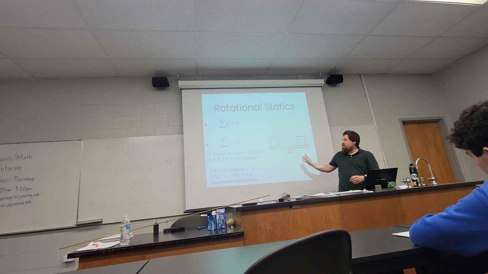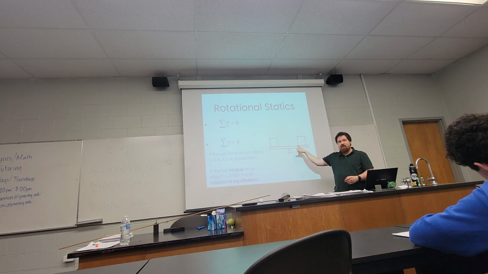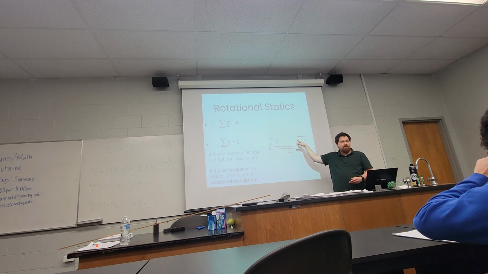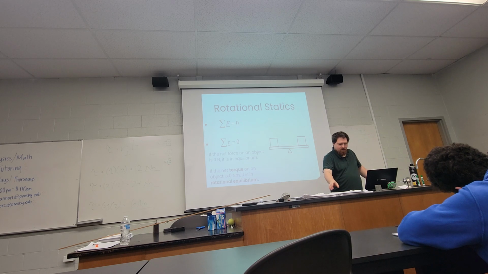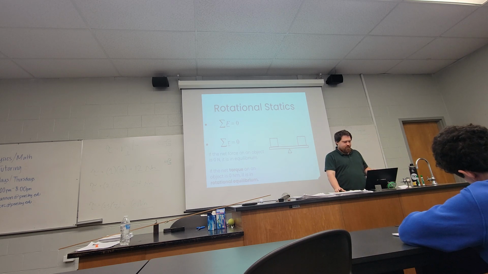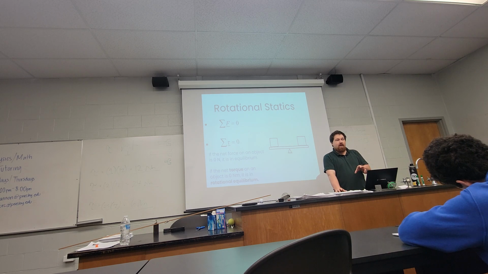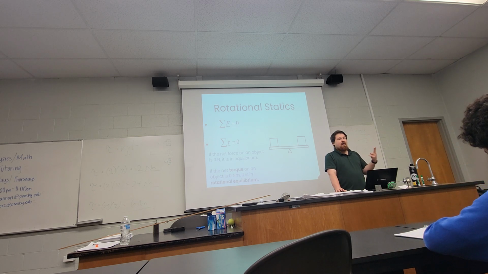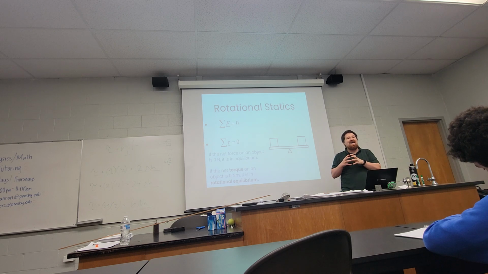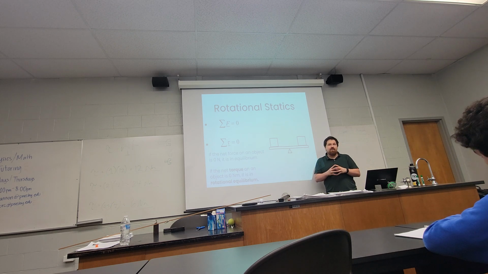But in this case, as long as the torques cancel out, no rotation takes place. So if you want to make something spin, you need to generate enough torque to get it moving, and you can generate more torque by either using more force or using a longer lever arm. If you don't want something to spin, you have to make sure that all of the torques currently acting on that item add up to 0.